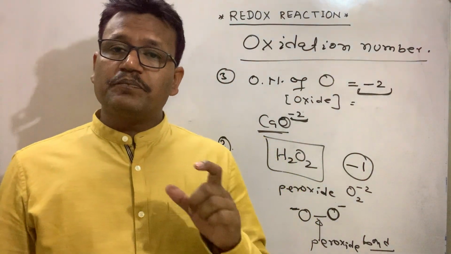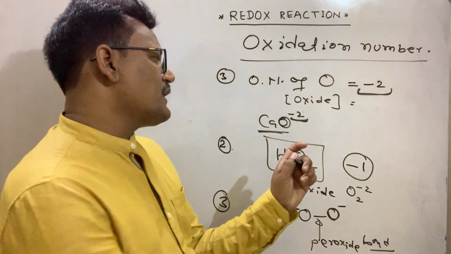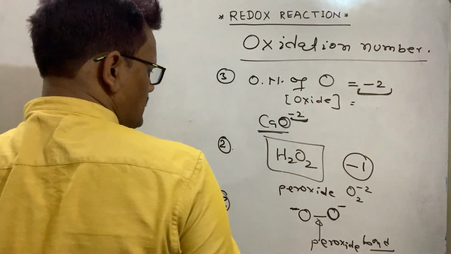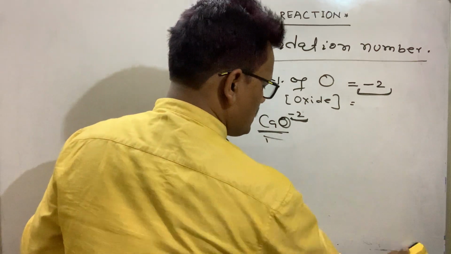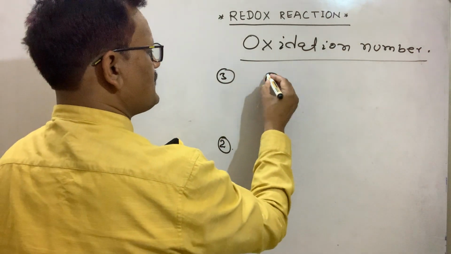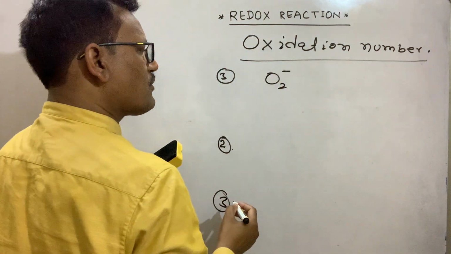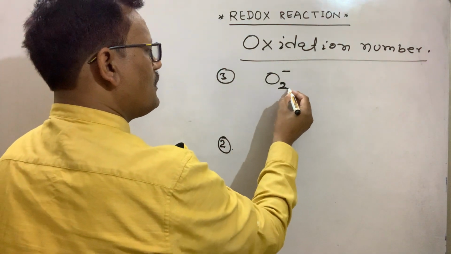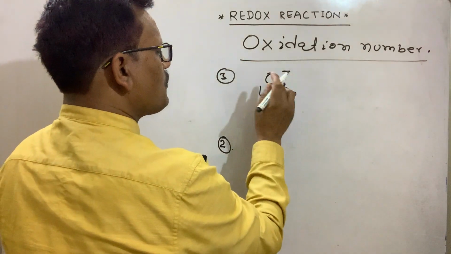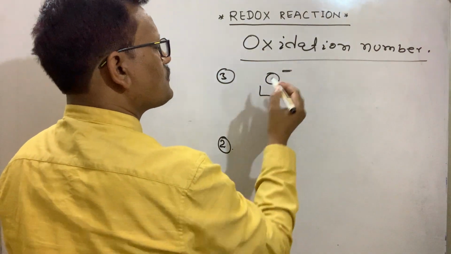Similarly, in case of superoxide, where the formula is O2 minus 1, this is superoxide. So look here, 2 oxygen atoms have -1 charge.